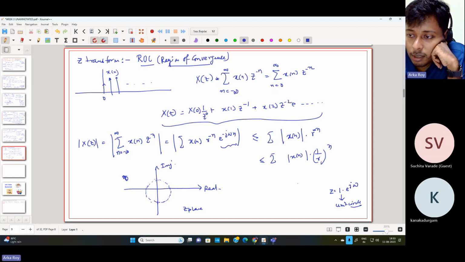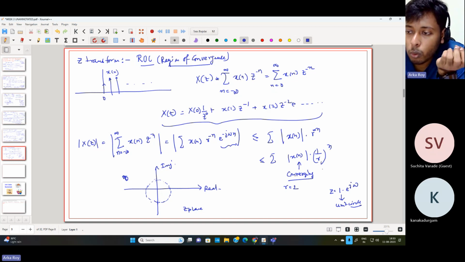So for this case, let us consider R is 2. This summation will converge.